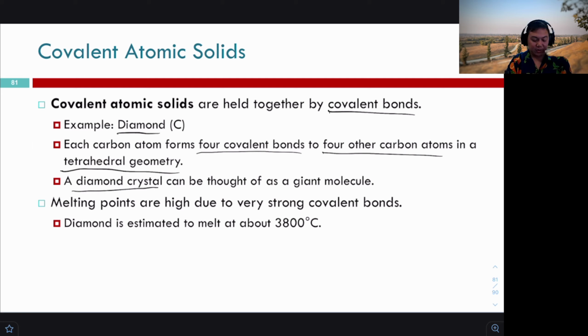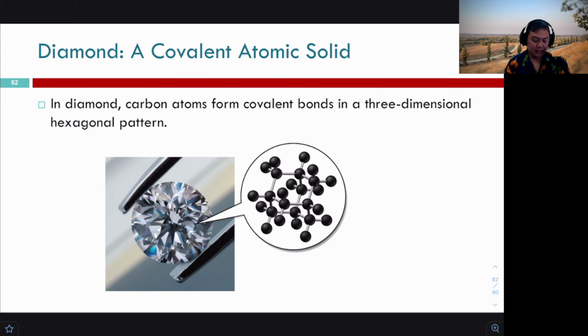So their melting points are very high. Diamond is estimated to melt at about 3,800 degrees C. Very, very high temperatures. If you were to look at the structure of a diamond, carbon atoms form covalent bonds in a 3-dimensional hexagonal pattern.